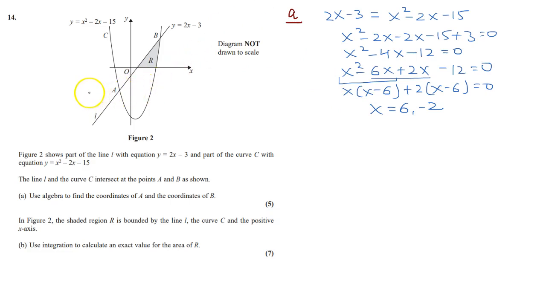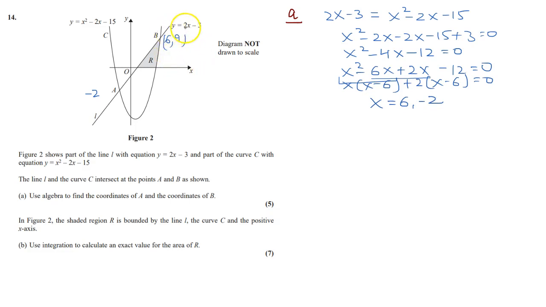So definitely this value of x is negative 2 and this value of x is 6. If x is 6, this is 6 times 2 is 12 minus 3, 12 minus 3 is 9. And if it is minus 2, this is minus 4 minus 3 is minus 7. So A coordinate will be minus 2, minus 7 and the B coordinate will be 6 and 9.